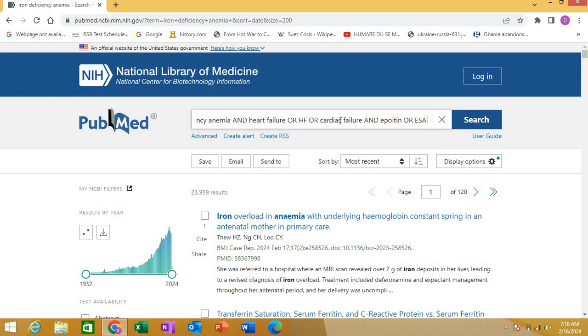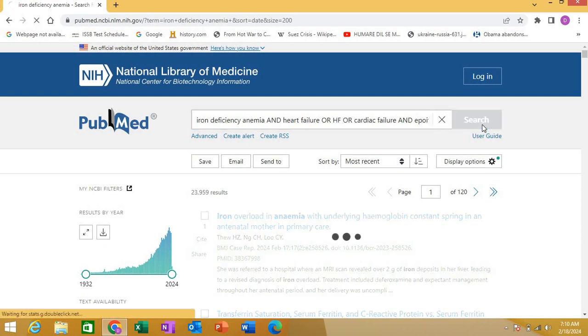So I can put the term NOT here after ESA, NOT anemic failure, because I am not searching for anemia-related heart failure. So you can use this term NOT, and it will not include anemic heart failure and failure due to anemia. You can go for search and see this.